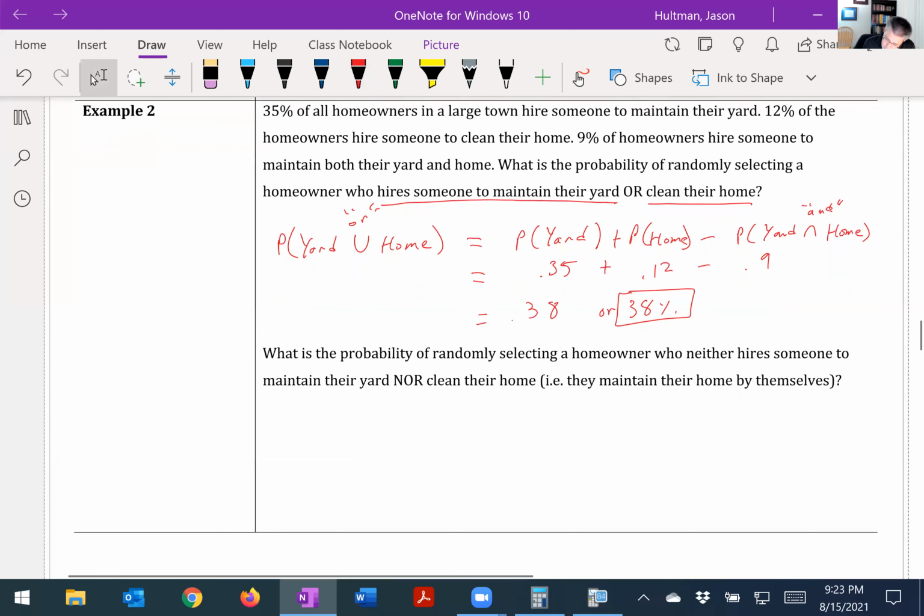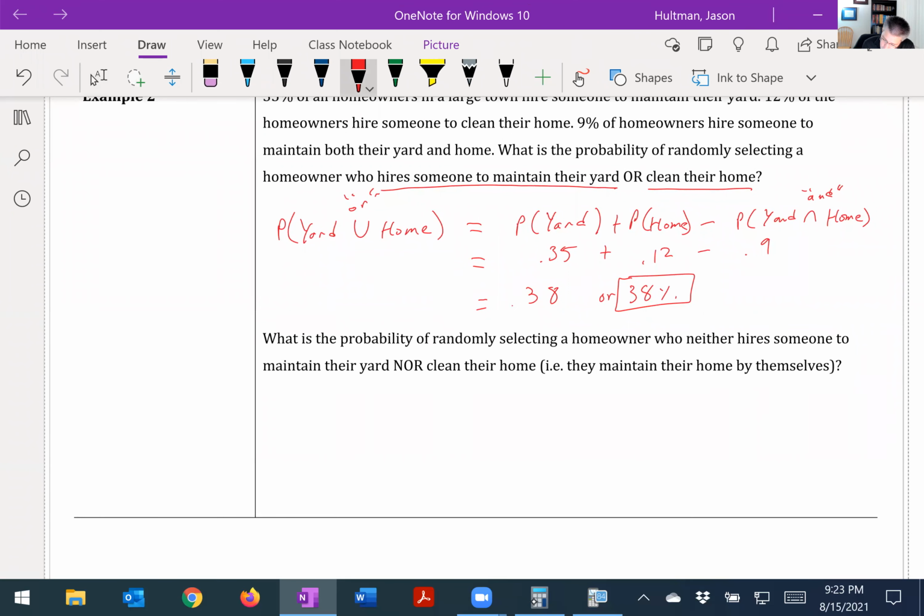What is the probability of randomly selecting a homeowner who neither hires someone to maintain their yard nor clean their home? So 38% of them have either. This "or" means either.